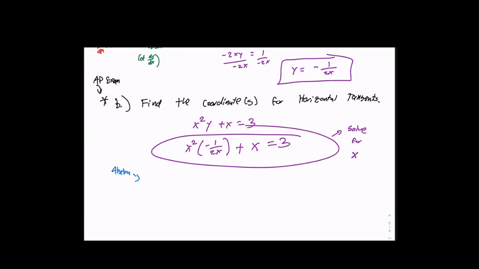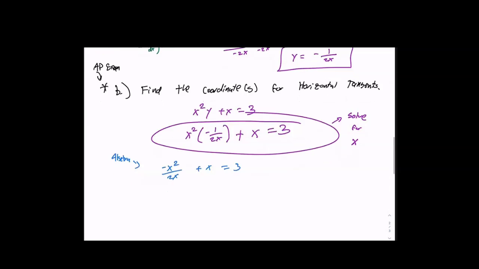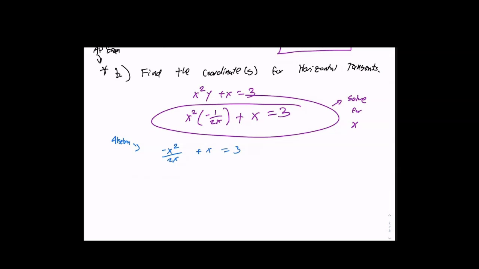Negative x squared over, actually, x squared over negative 2x plus x equals 3. Okay, we can start there. That makes it a little cleaner. What does that become? And then you can change the x so the denominators match.